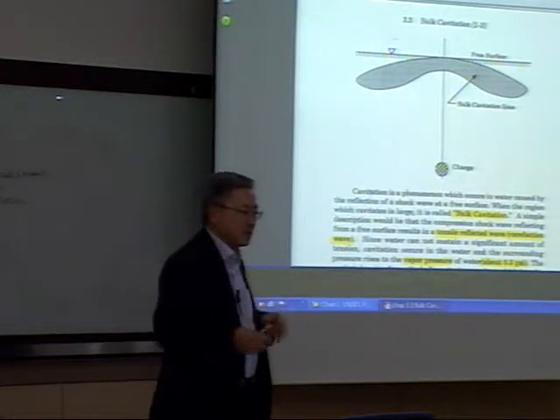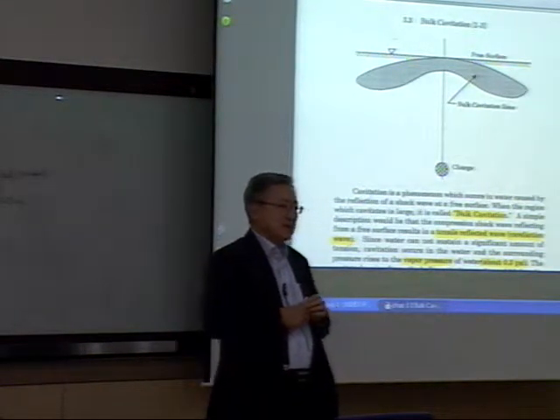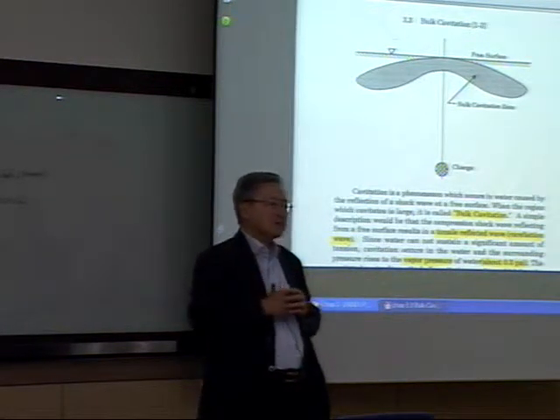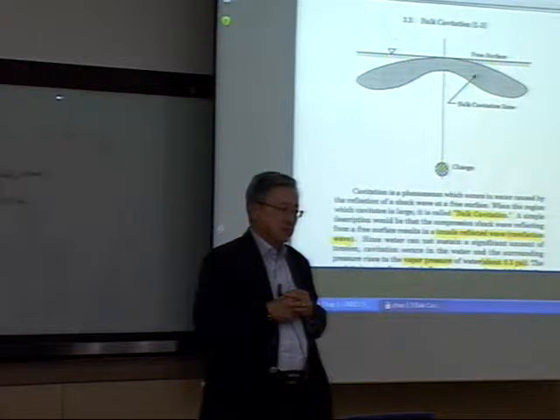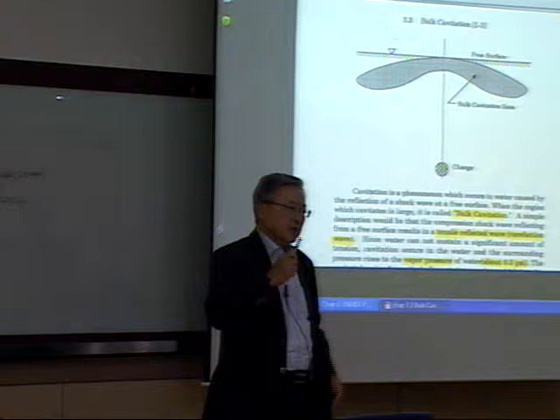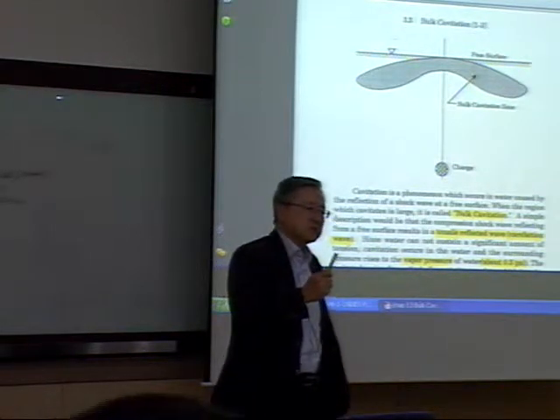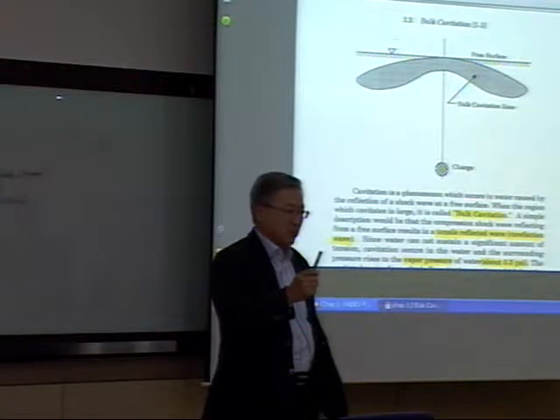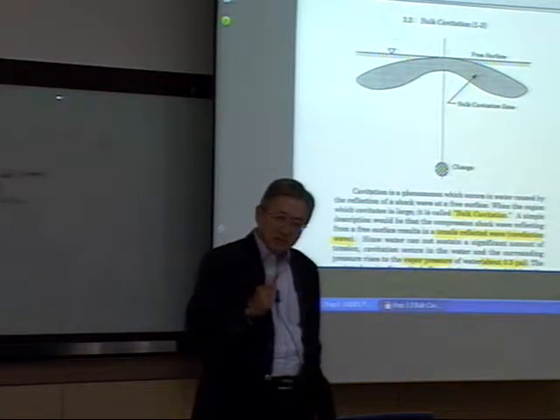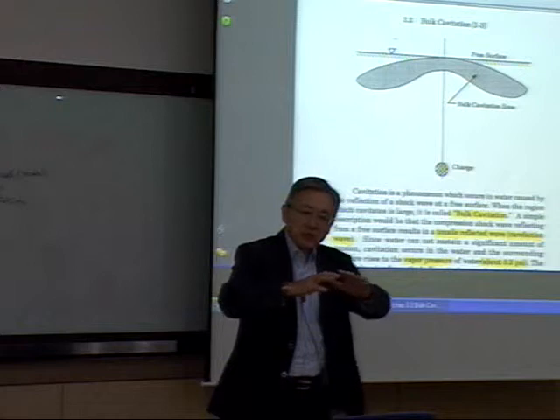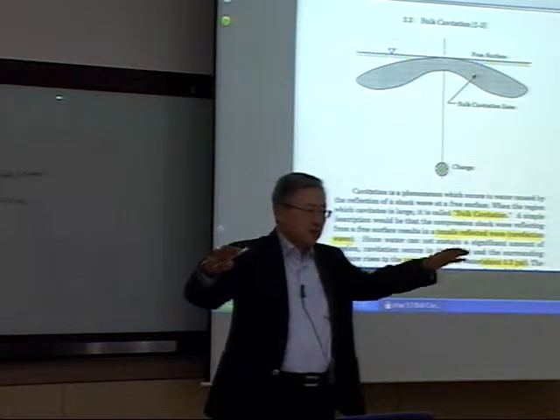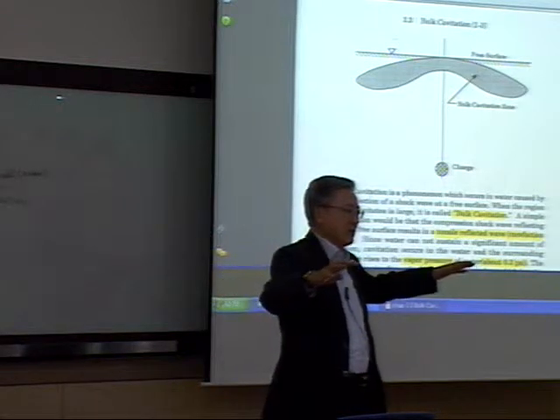So the bubbly water, as I sometimes call it, near the free surface, only occurs near the free surface, okay, which is called the bulk cavitation. It is caused by what? What wave formed such bubbly water near the free surface?